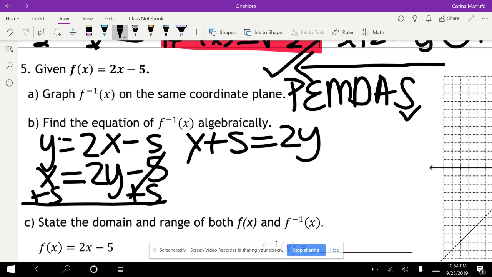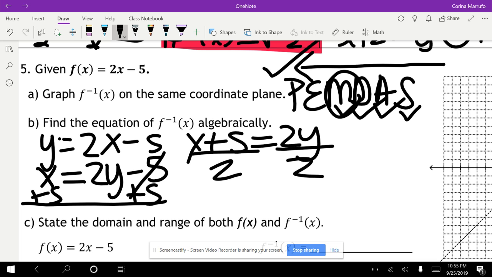Then there's no addition that we need to get rid of here on this side with the y. There is no division, but there is multiplication that I need to get rid of. I need to get rid of this 2 being multiplied times a y. So we need to do the opposite and divide. These cancel and we get x plus 5 over 2 equals y.